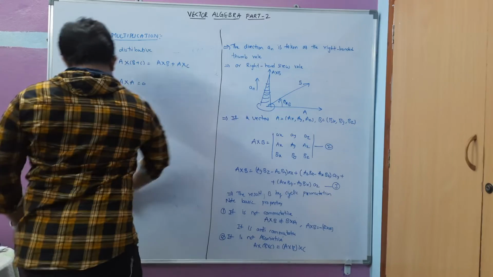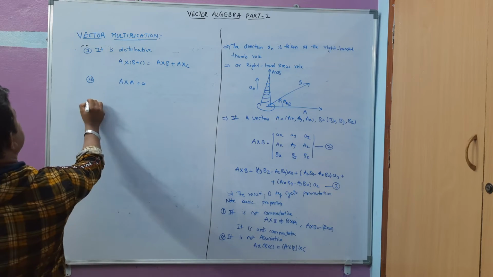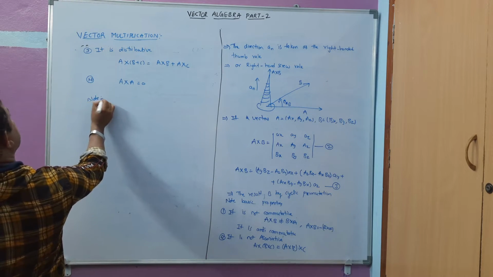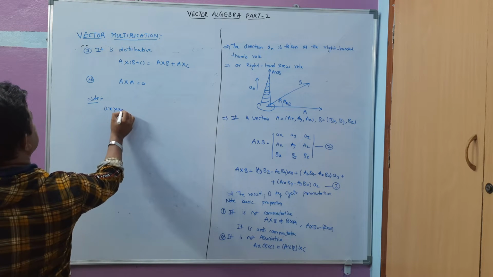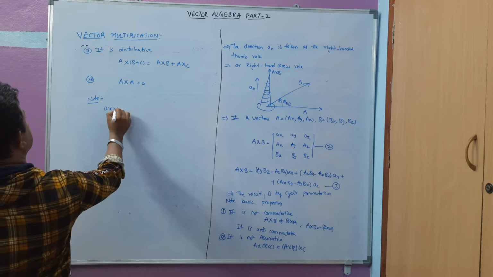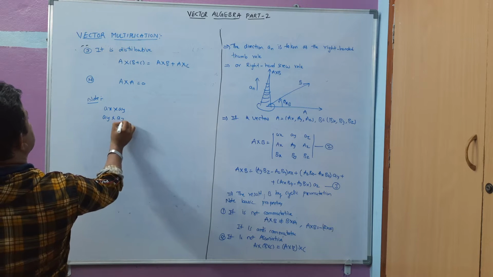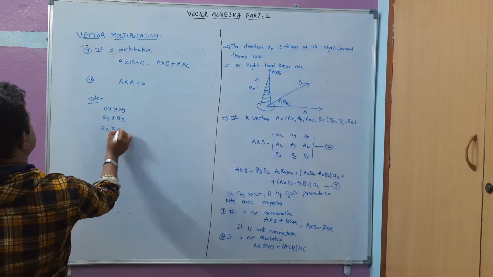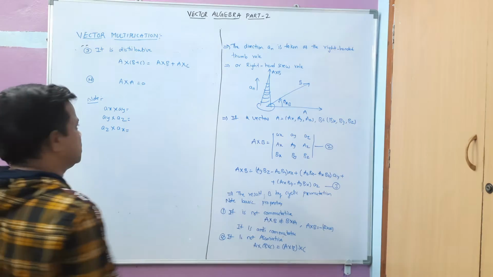Okay, and we need to remember some of the following formulas here. Very important note here, that is the cross product of AX cross AY, AY cross AZ and AZ cross AX. So it will give me the cyclic result here.